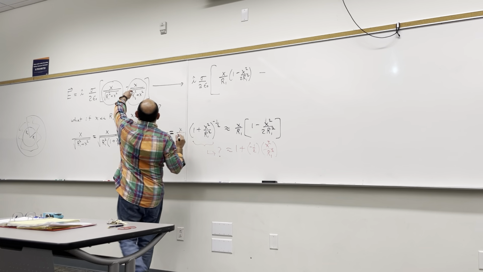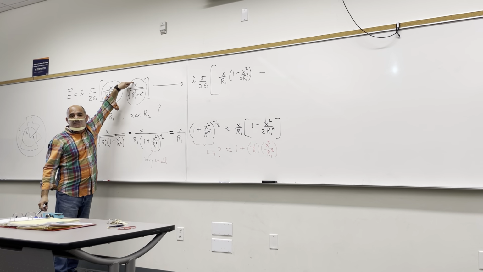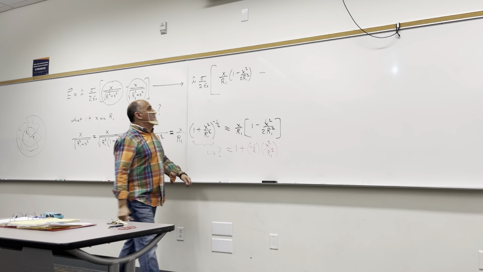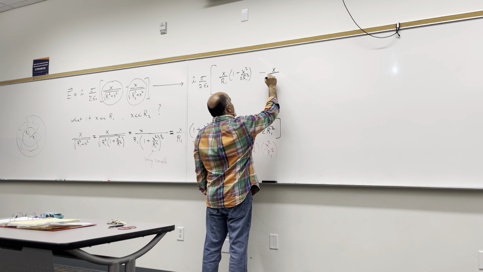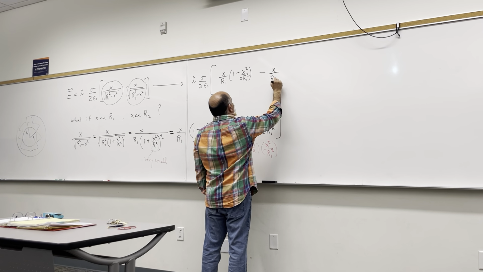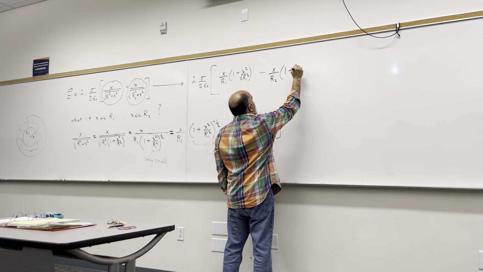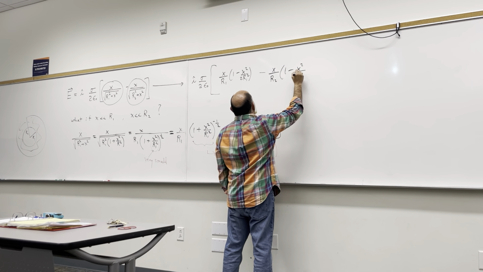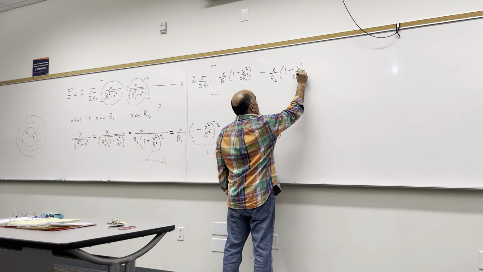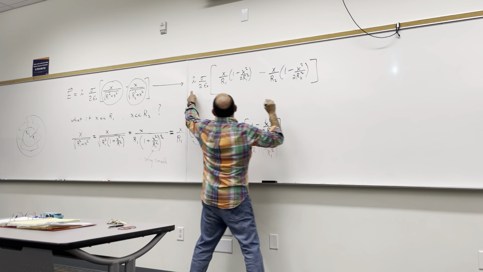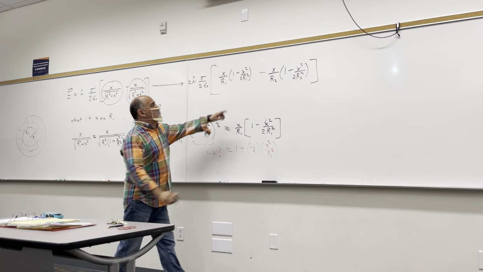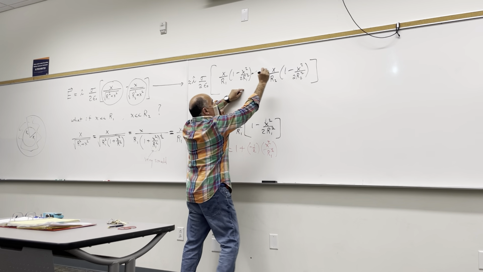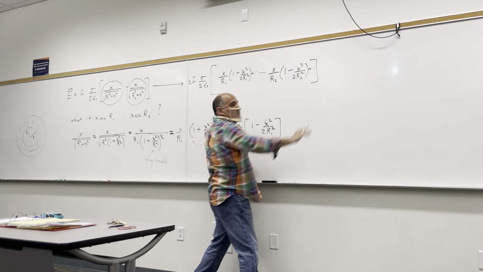Minus, now this one, what will this become? It will be x over R2 times 1 minus x squared over 2 R2 squared. Now this is an approximation because there are other terms over here that I'm throwing away, from the expansion.